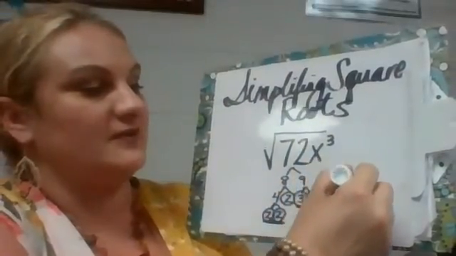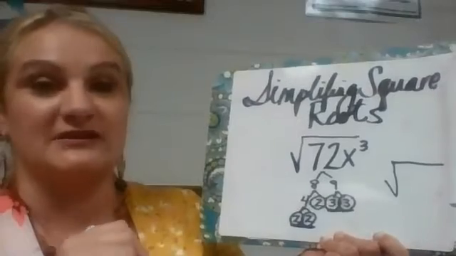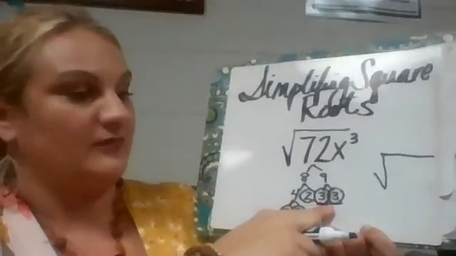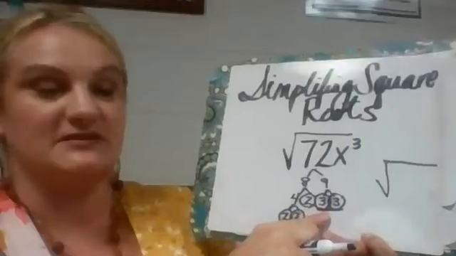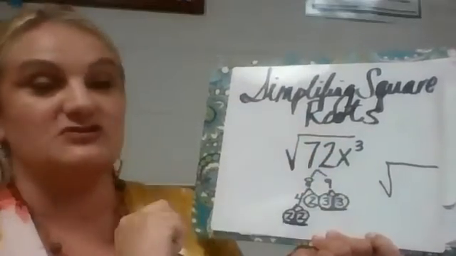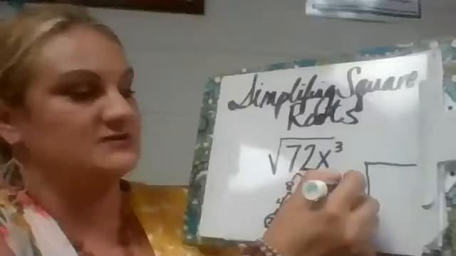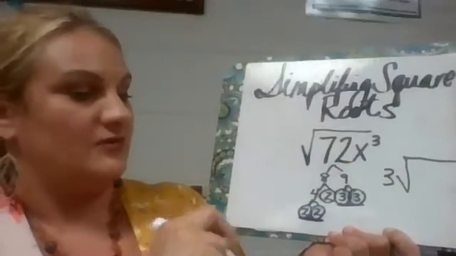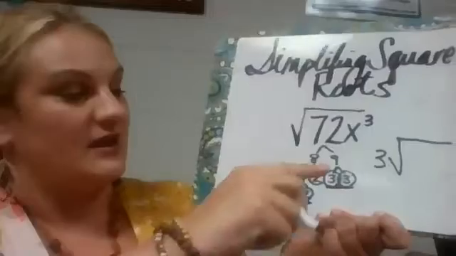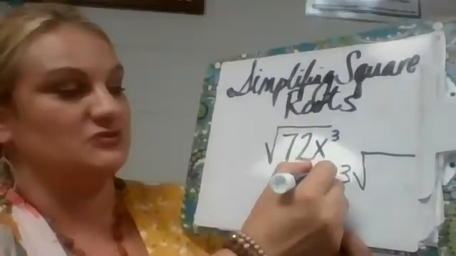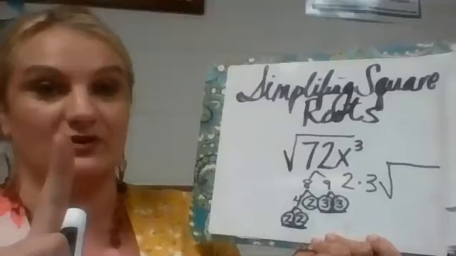They're going to leave their radical house, and they're going to go out on a date. The pair of 3s is going to come out of the house because the pair of 3s is going to travel in one car. So we're only going to write the 3 one time. The pair of 2s is going to get to go out on a date. And we're going to write the number 2 one time because they're using one car.